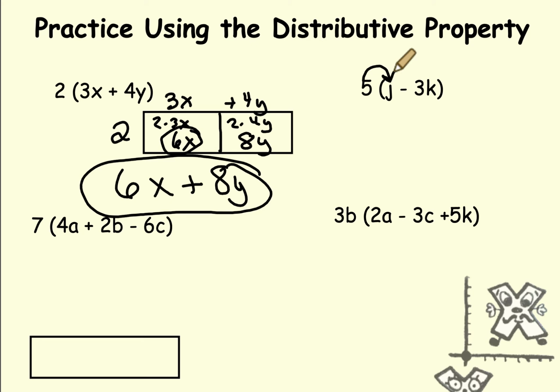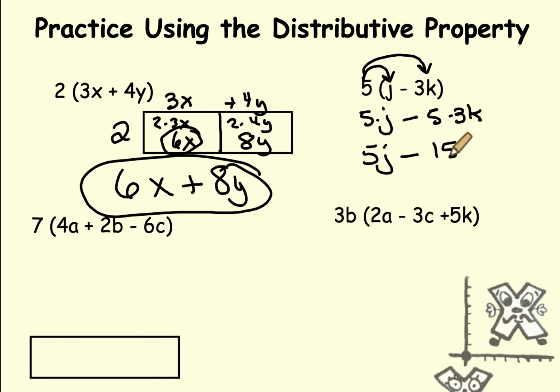What is 5 times j? 5 times j is 5j. This one's a subtraction one, so it would be a minus 5 times 3k. Well, 5 times 3 is 15. And since we don't know what the value of k is, we just write k as a neighbor.